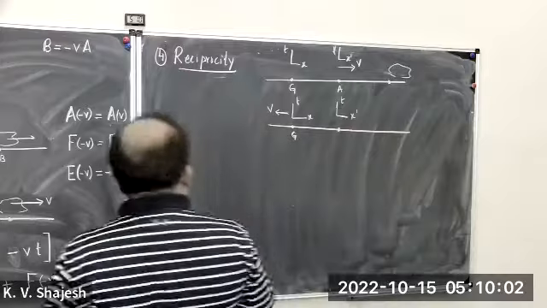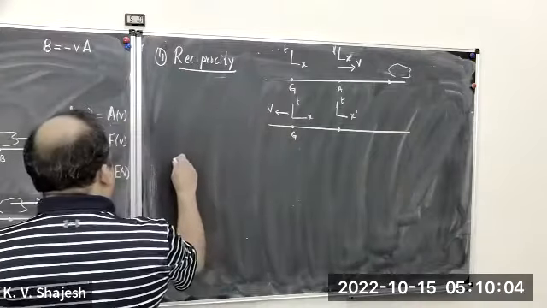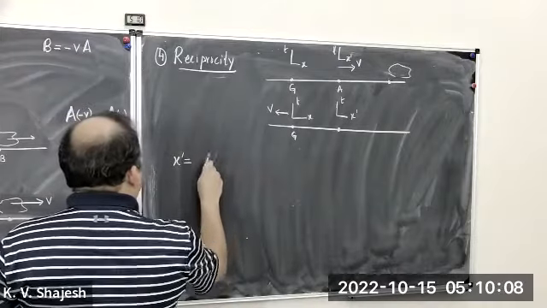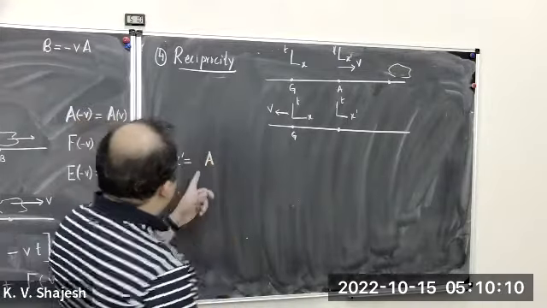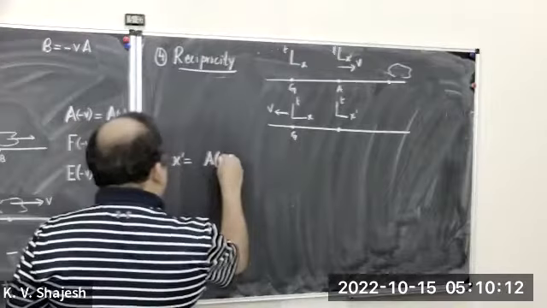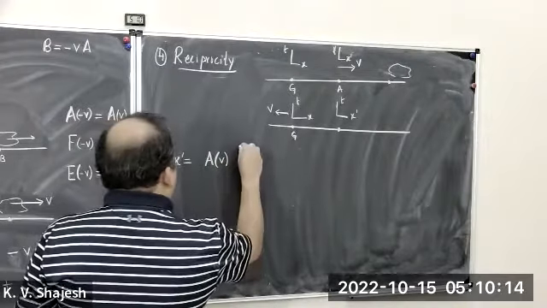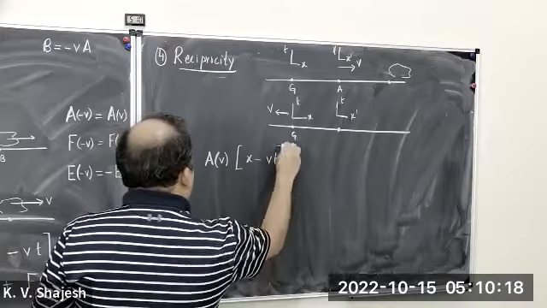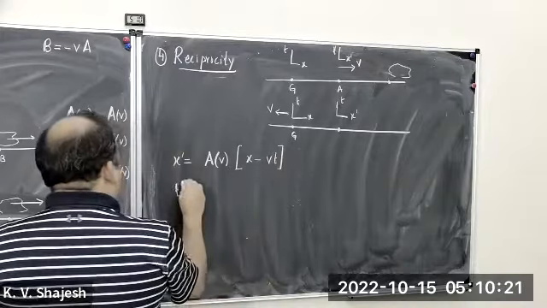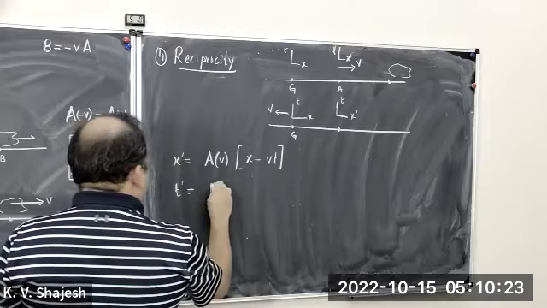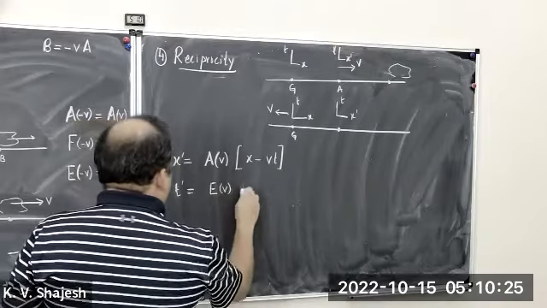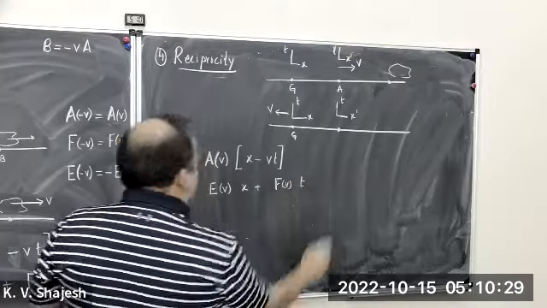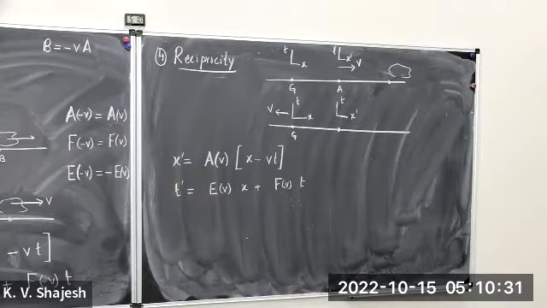That means earlier we had x prime. Let me write that again, and now I want the v dependence in there. This is x minus vt, that was our equation. And t prime is equal to e of v times x plus f of v times t.